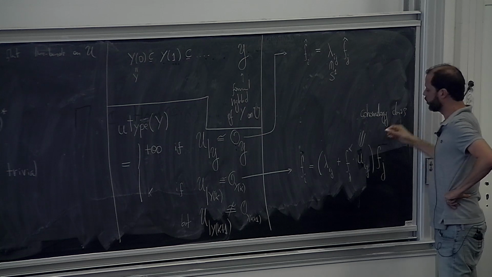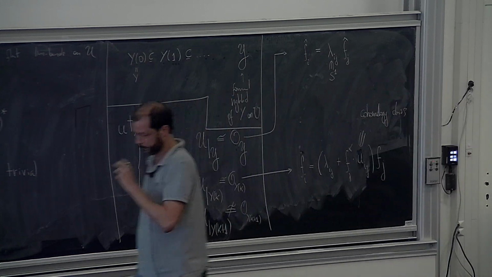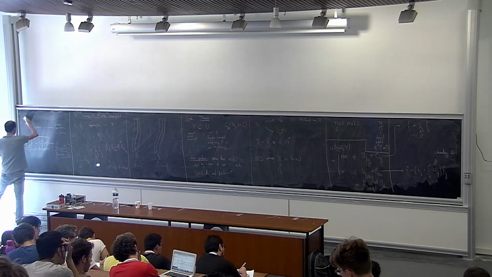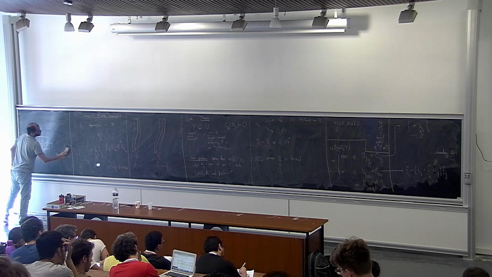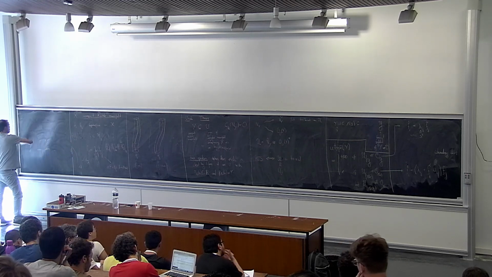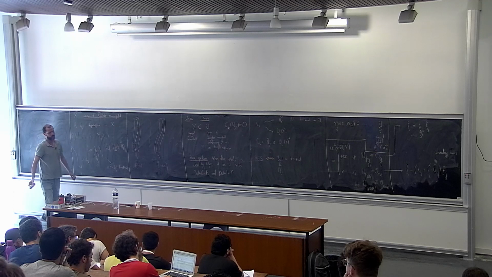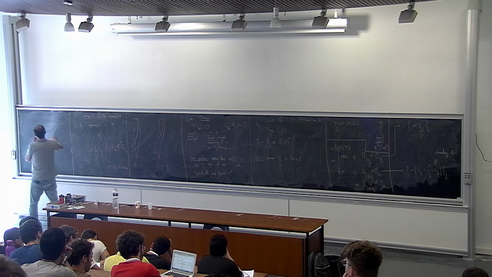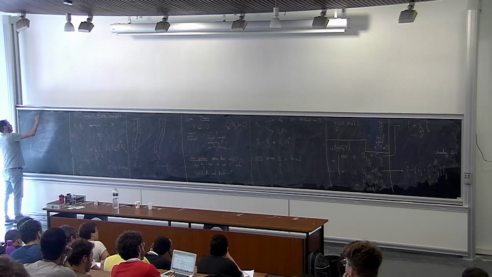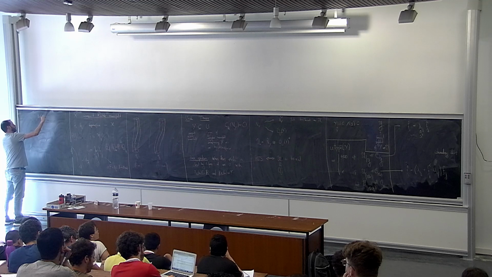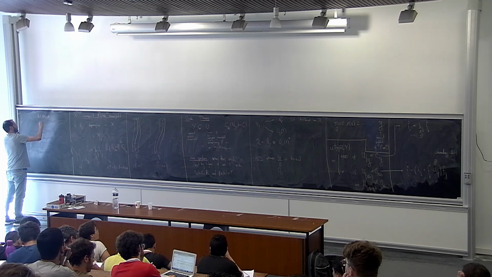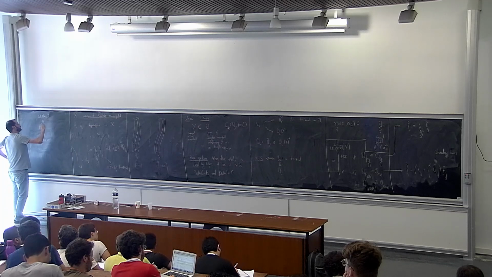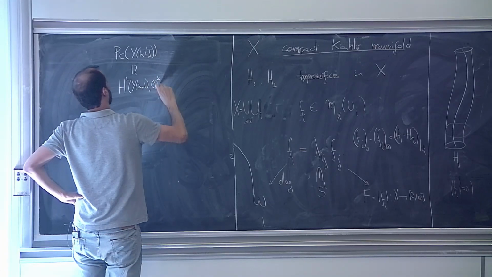We can figure it out by seeing how the transition function works, but I will just do the general nonsense and see what we are trying to do. So we have the Picard group of Y_{k+1}, which is just H1 of Y_{k+1}, O star of Y_{k+1}.